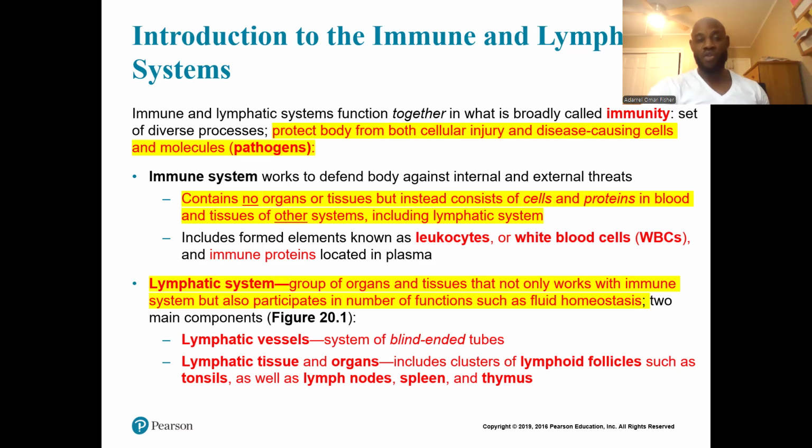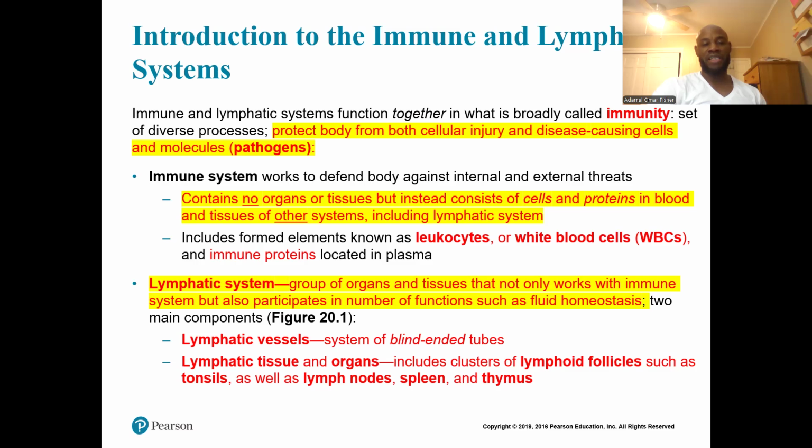The immune system doesn't have organs, but consists of cells and proteins. We're going to talk about the different cells and proteins, the white blood cells, for instance, the leukocytes, and the complement proteins that help with immunity.